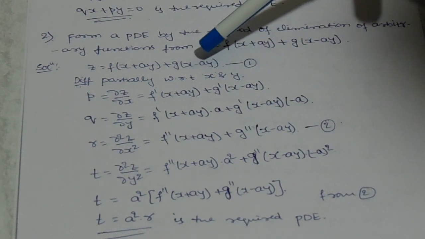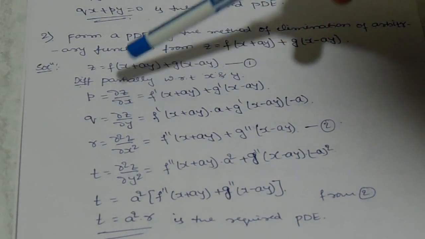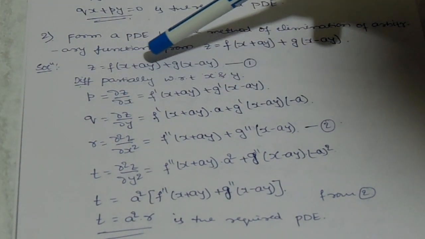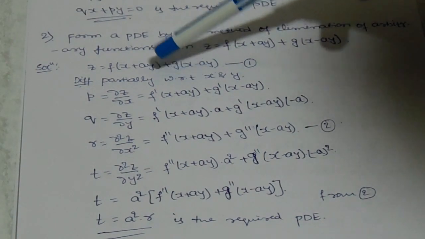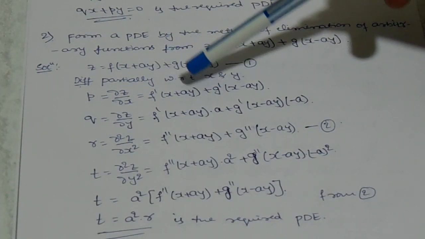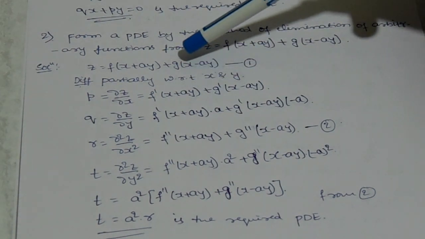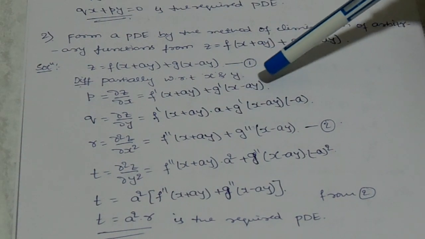Differentiate equation 1 partially with respect to x: dou z by dou x equals f dash of x plus ay into the differentiation of x plus ay with respect to x, which is 1, whereas ay is 0, plus g dash of x minus ay into 1.